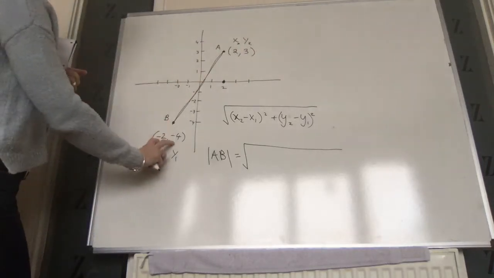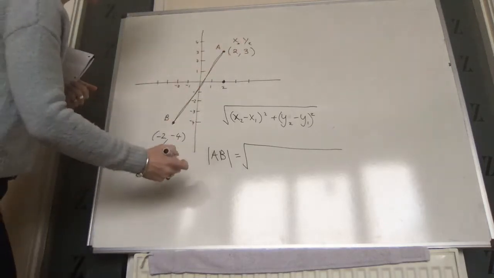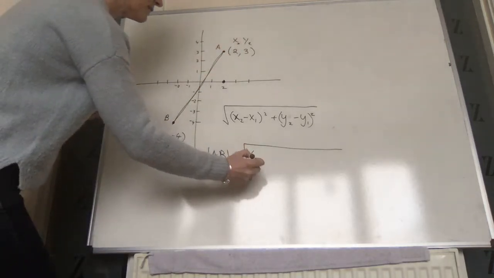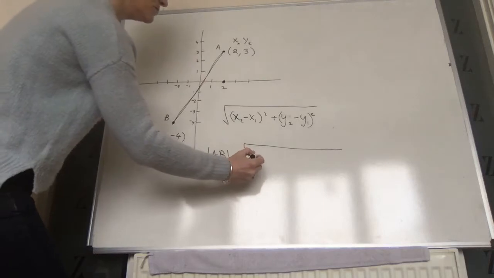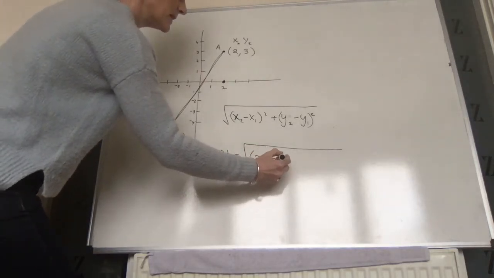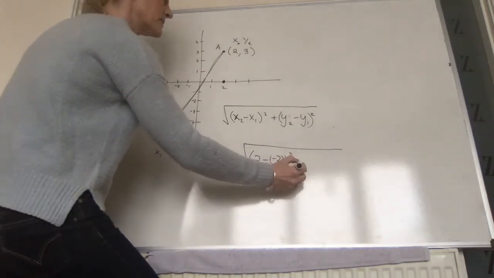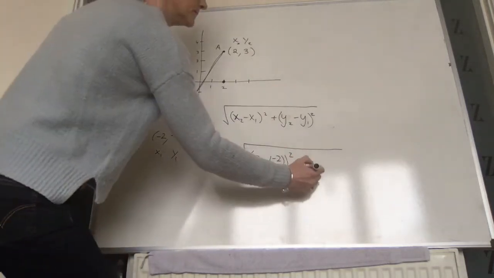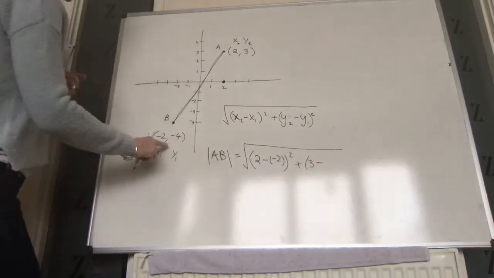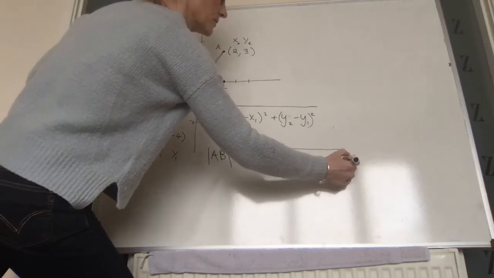It doesn't matter if we call this x2, y2 and this x1, y1. It makes no difference. You'll get the same answer. So it's the square root of x2 minus x1. Now be very careful. That's minus 2 squared plus y2 minus y1, which is minus 4 squared.